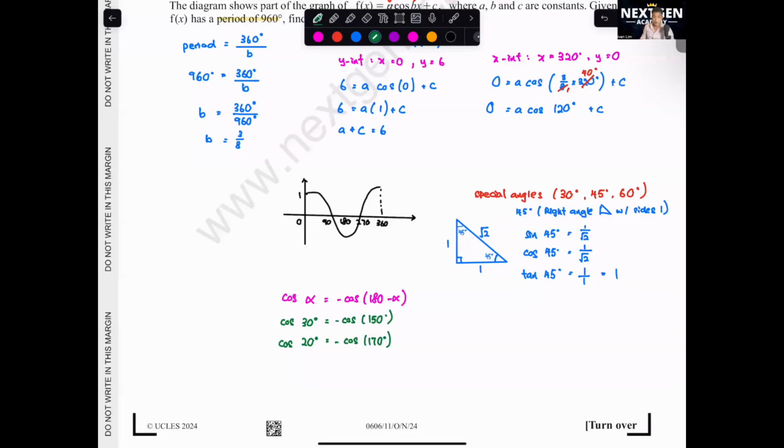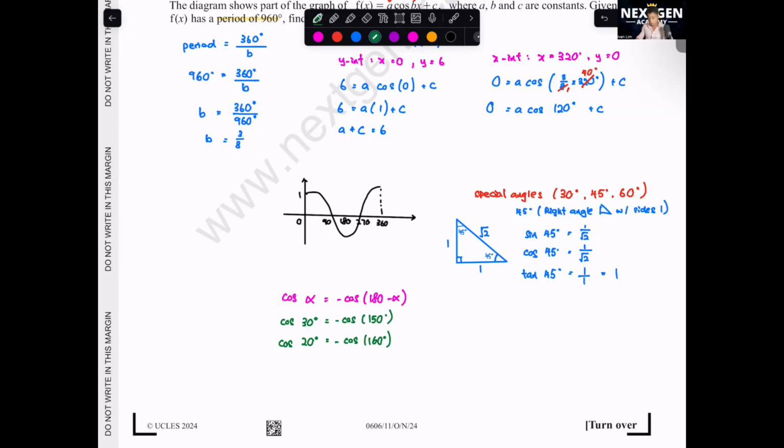You try. In fact, this property is also taught in maths, trigonometry. If you type in cos 20, it will give you 0.93969. Type in cos 160, you get negative 0.939, right?